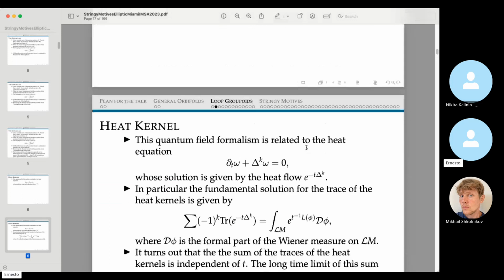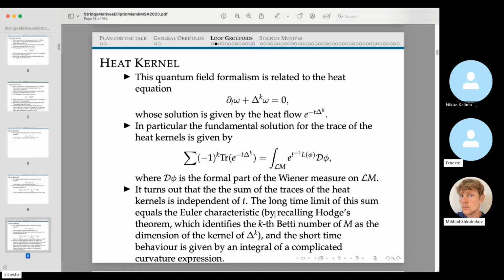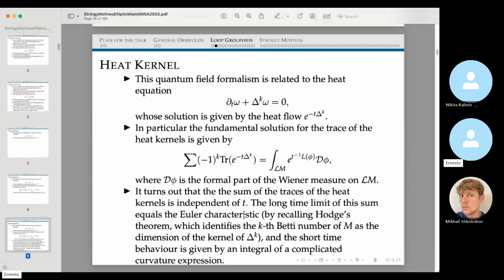So it turns out that the supertrace is independent of t. And the long time limit of this equals the Euler characteristic of the manifold, by recalling the theorem of Hodge, which identifies the k-th Betti number of M as the dimension of the kernel of the operator.